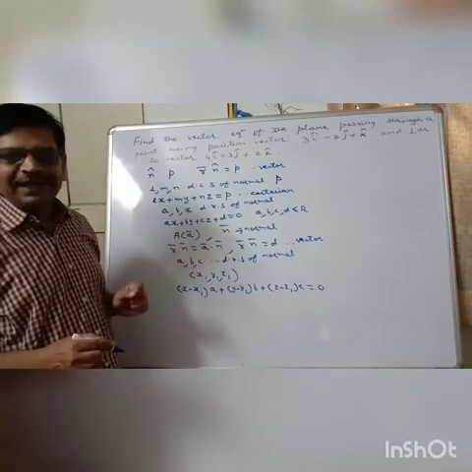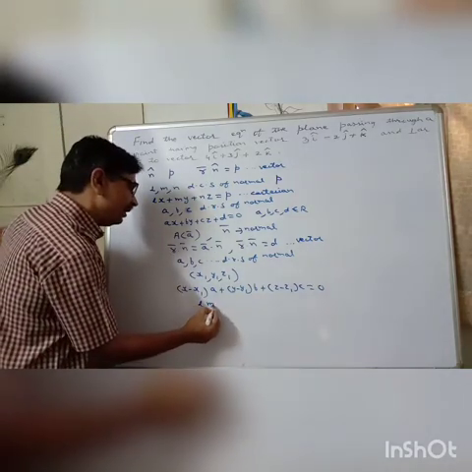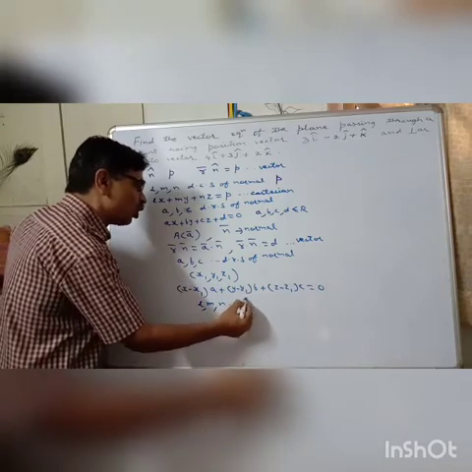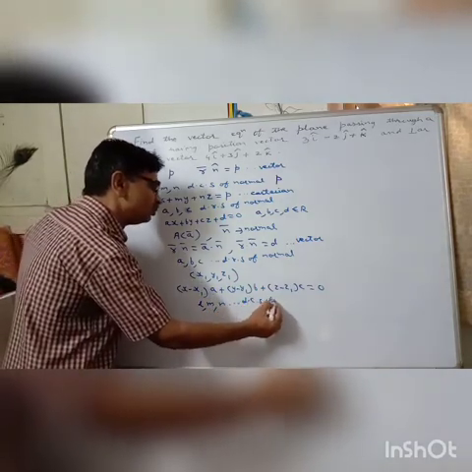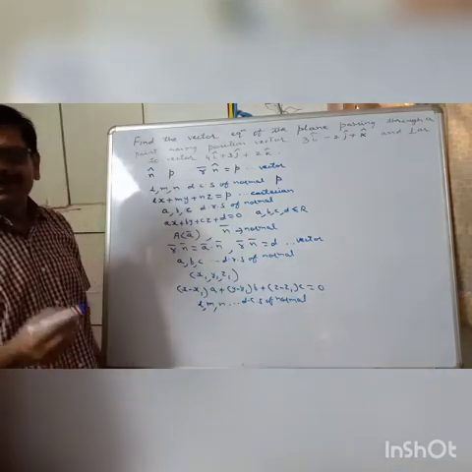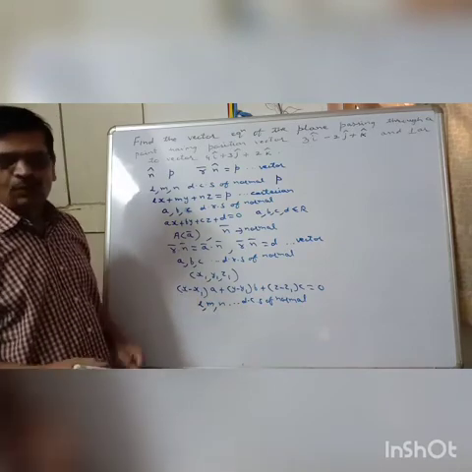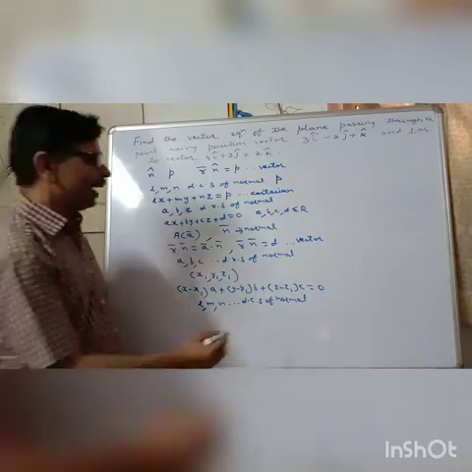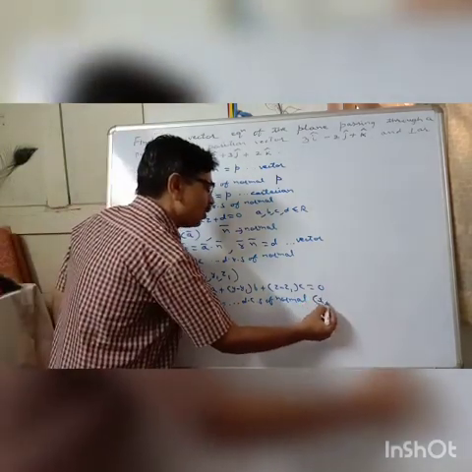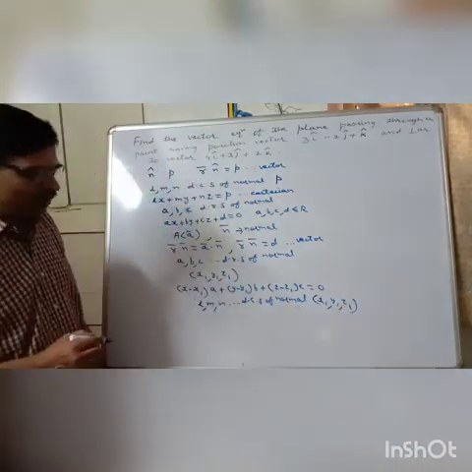Instead of direction ratios of normal, if we know direction cosines of normal and coordinates of one point in the plane. So direction cosines of normal l, m, n, coordinates of one point in the plane x1, y1, z1.